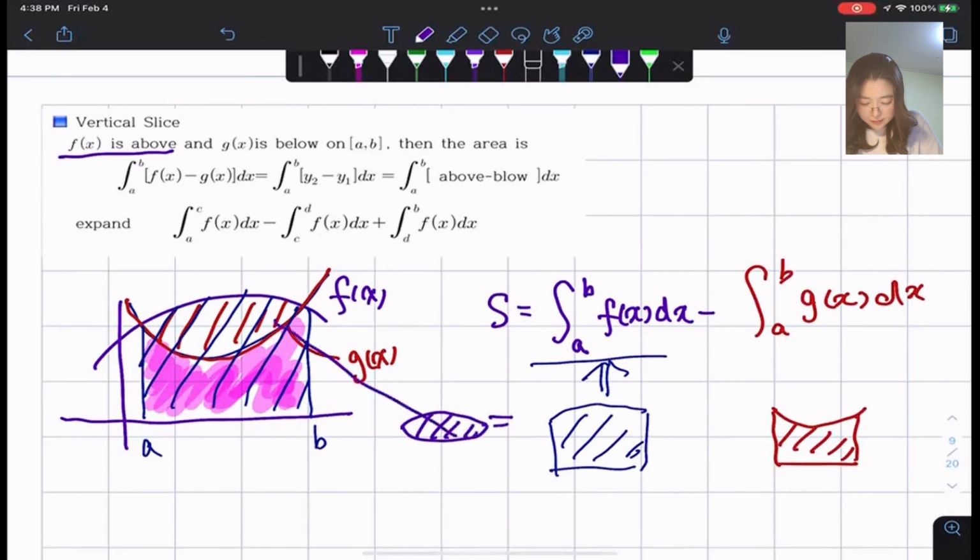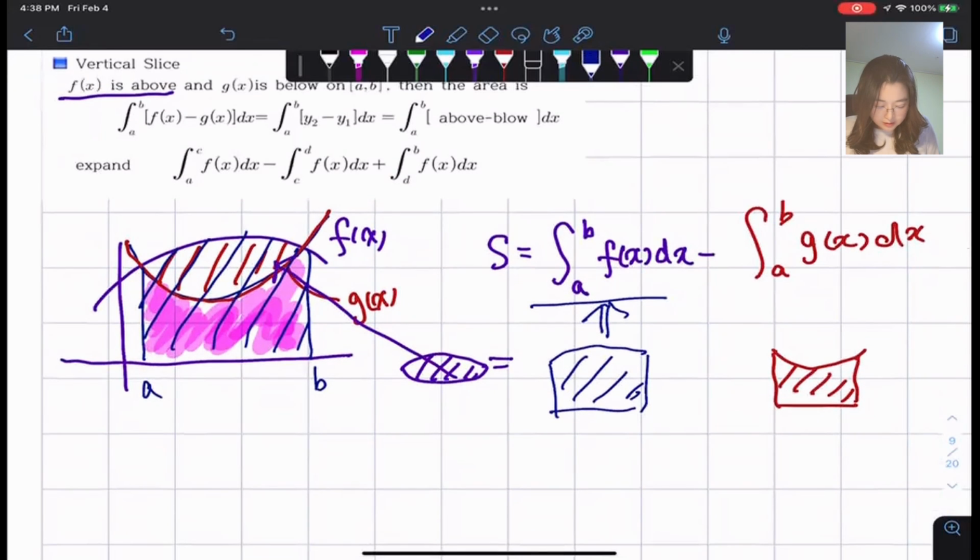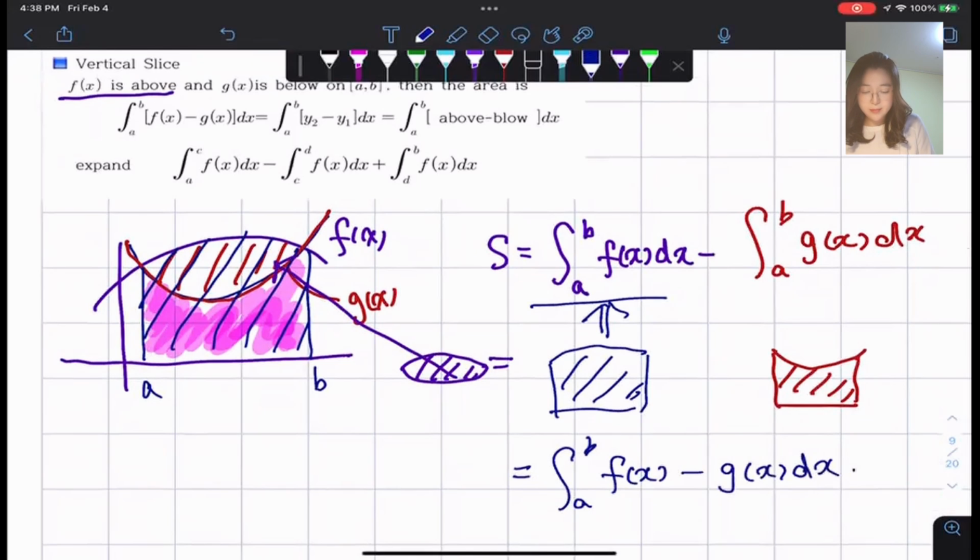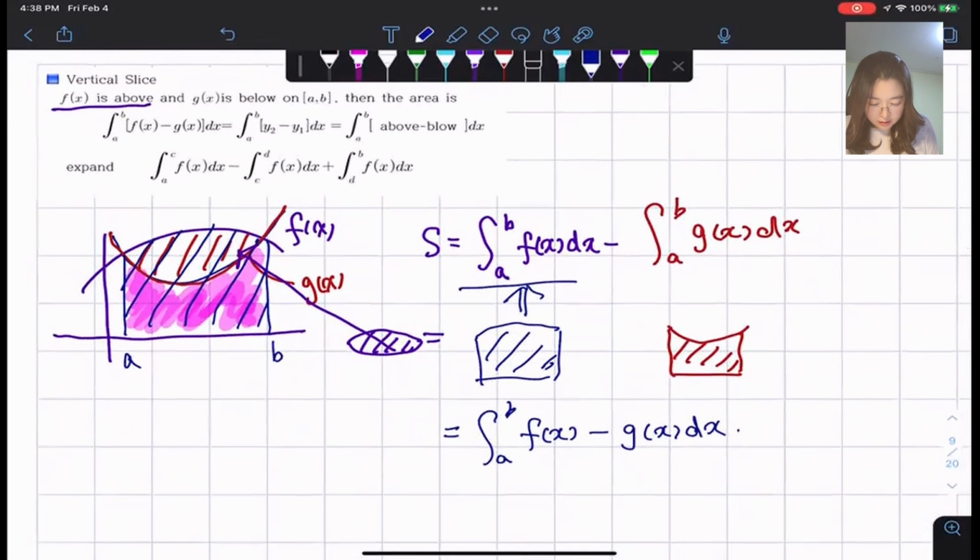Yeah, here. So I can combine this: f(x) minus g(x) dx. I approached this concept graphically. Let's memorize this formula.